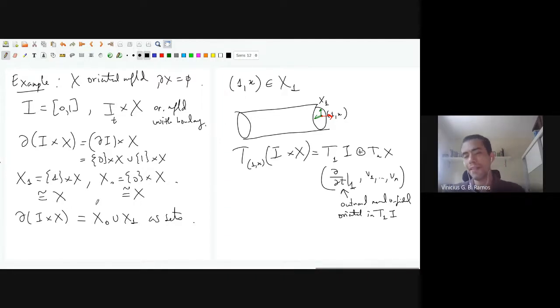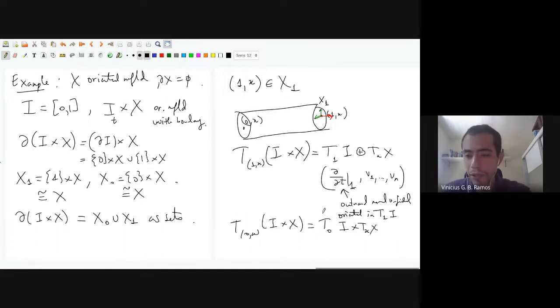So, again, maybe it's easier to see when it doesn't coincide. If you look at a point on x0, a point of the form (0, x), then it's more interesting, because here you have t0i times txx. And if you want an outward normal vector field, you can choose, for example, minus d/dt at 0, and then v1 through vn, that's an oriented basis for the boundary.